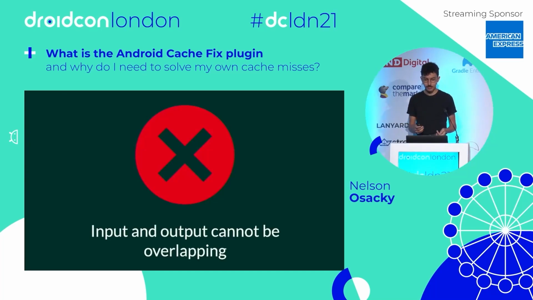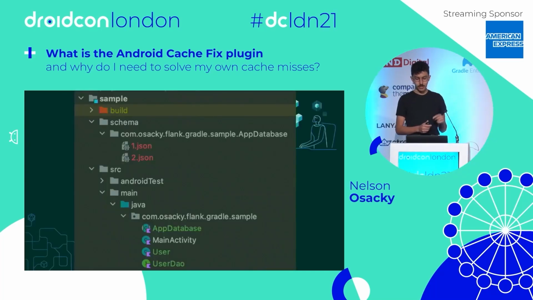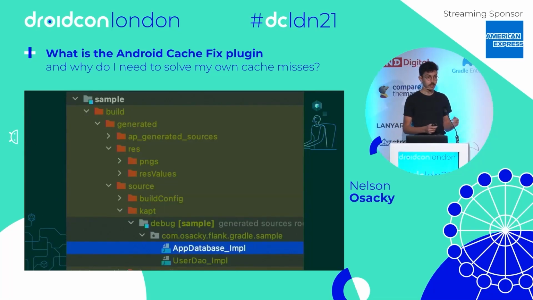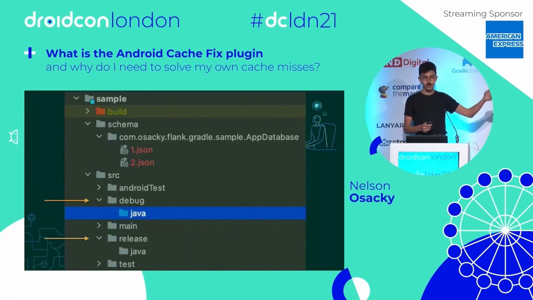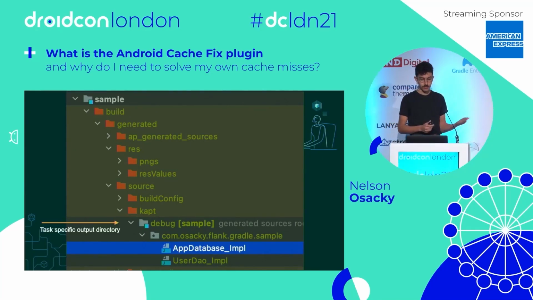So how do we solve this? Well, before we solve this, let's just point out one other issue, which is that you can have debug code, you can have release code, and of course you can also have other flavors too. And if we go back to the capped, capped is writing its outputs to a task-specific output directory.